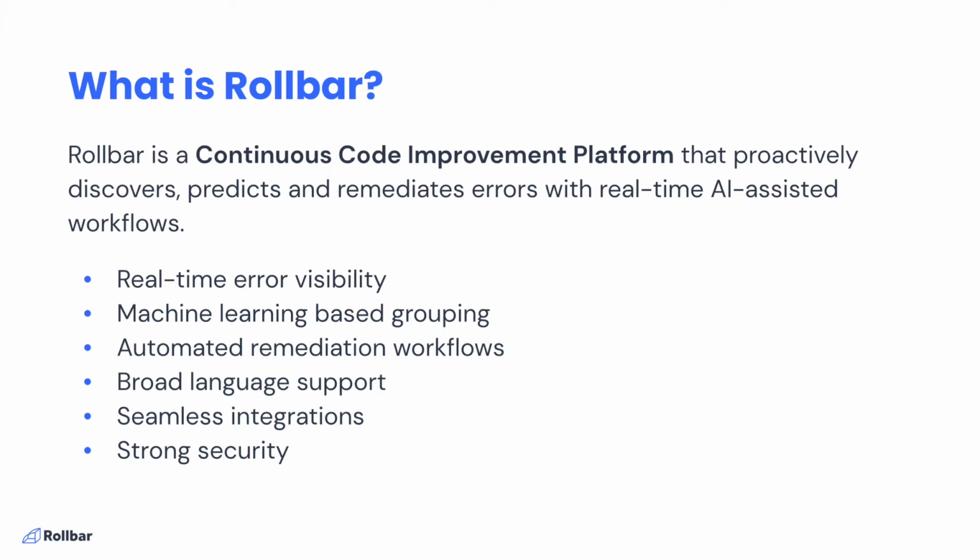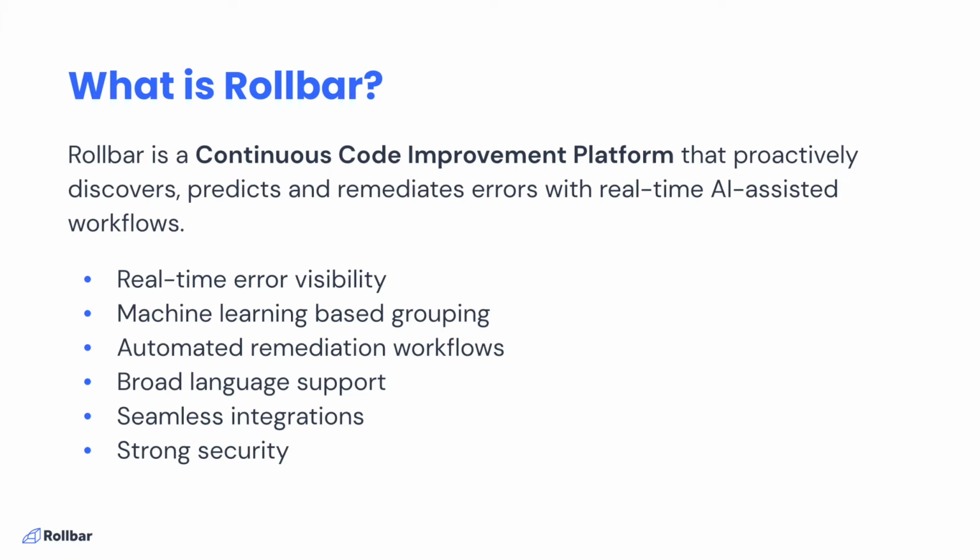So with all companies being software companies, and with software relying on the code that is created for those business purposes, every business has a very important focus, or should have a very important focus, on their code quality. And Rollbar helps to shine a better light on that, to provide more visibility into code operations and code quality.